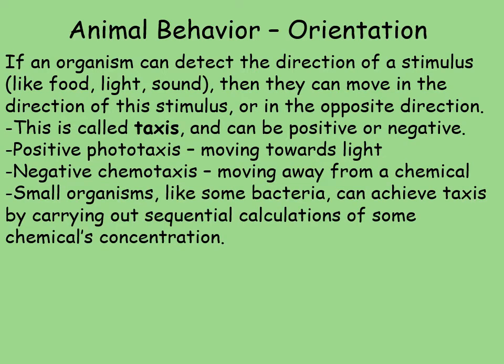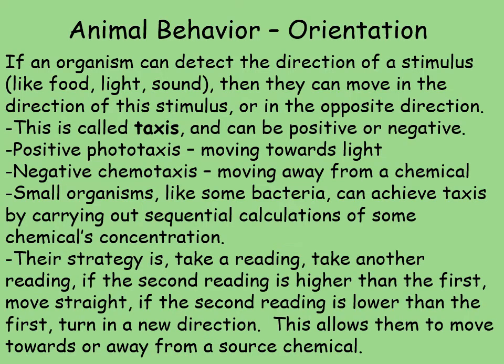Small organisms like some bacteria can achieve taxis not by having paired sensory organs, which is what you would find in a lot of animals, but by carrying out sequential calculations of some chemical's concentration. This is another ingenious way of figuring out the direction of something. Their strategy is basically to take a reading, move a little bit, take another reading.